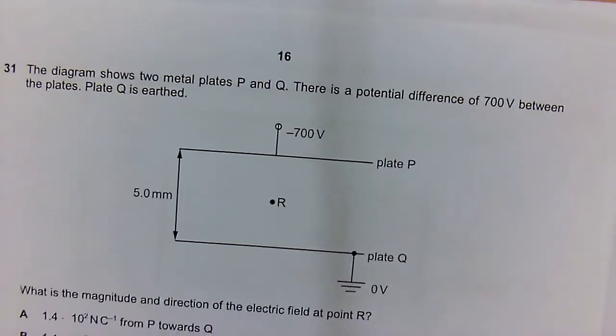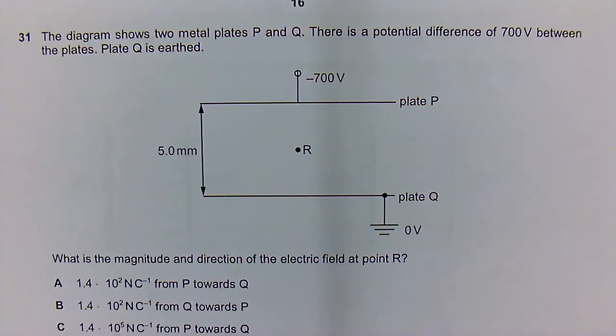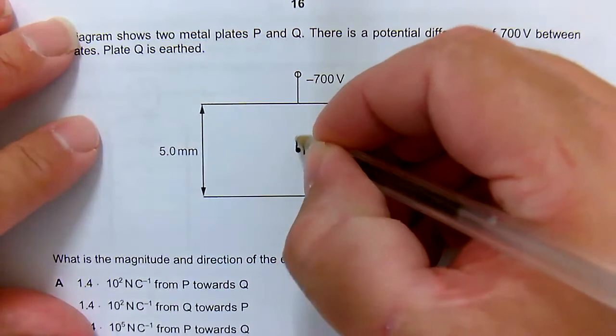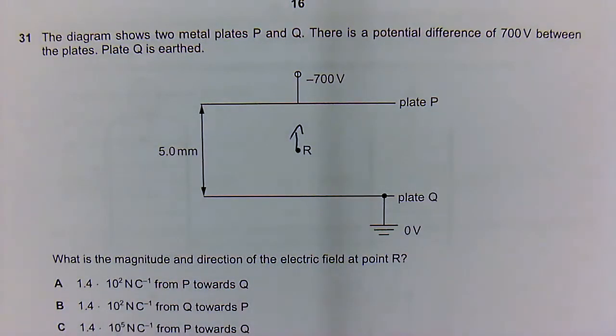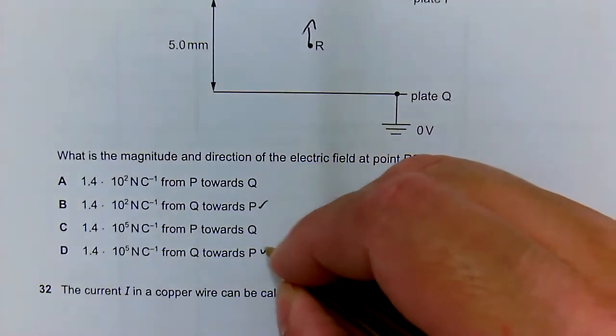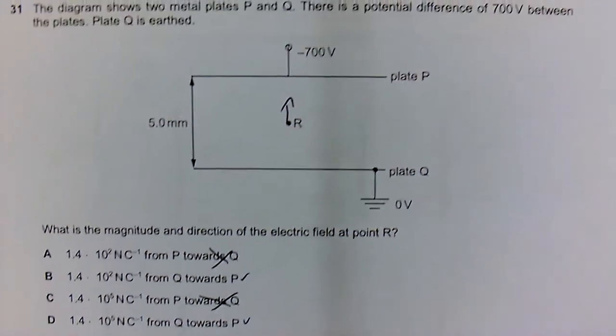Number 31, a diagram showing two metal plates with a potential difference of 700 volts between them. Plate Q is earthed, so that's minus 700 volts. What's the magnitude and direction of the electric field at point R? A positive charge will go upwards, so it'll be towards P. So all the ones saying towards P are possibly correct. That one's definitely wrong. Now we want to work out electric field strength.